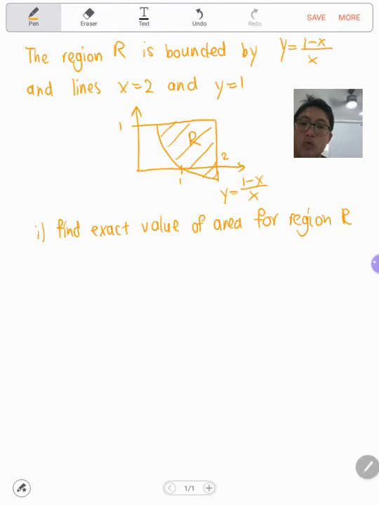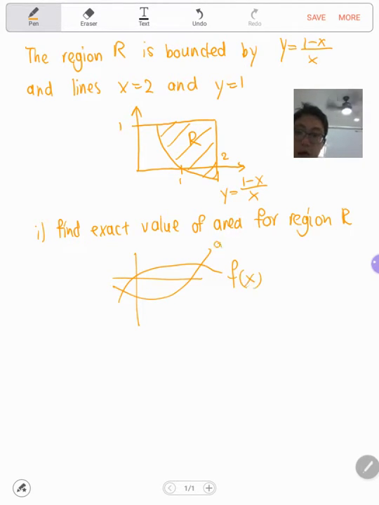Basically, we make use of a technique. To find the area between two graphs, let's say for example we have two graphs, one I call f(x), and the other I call g(x).